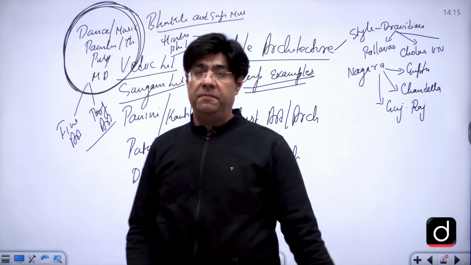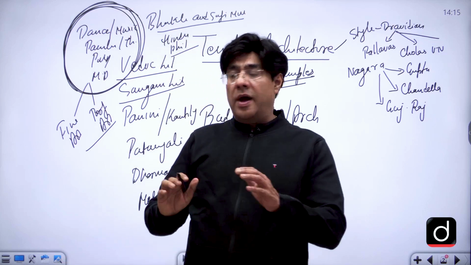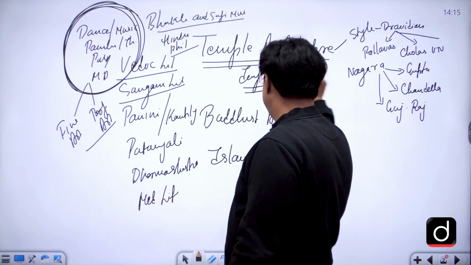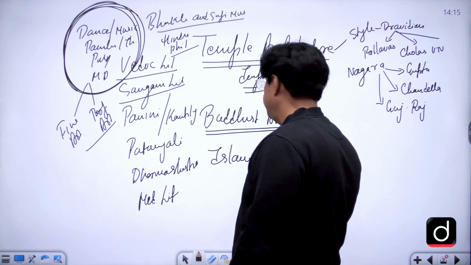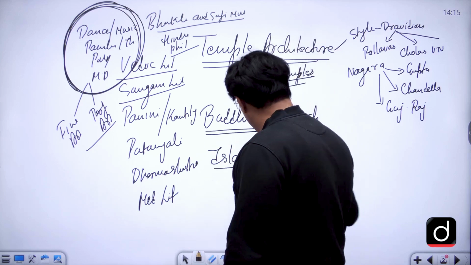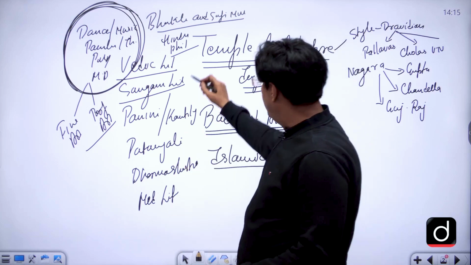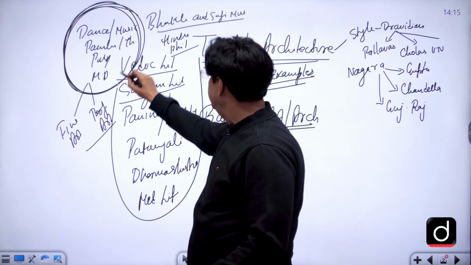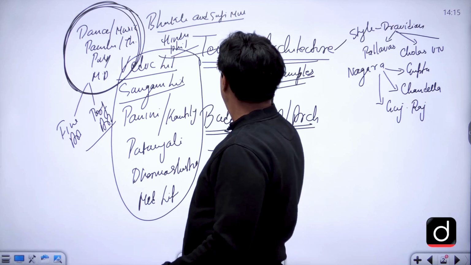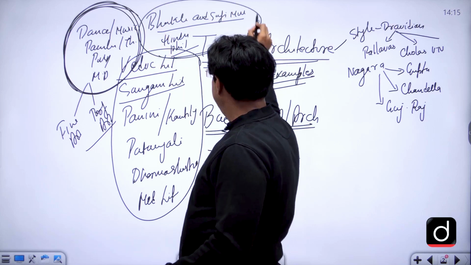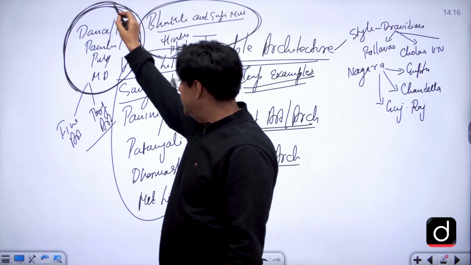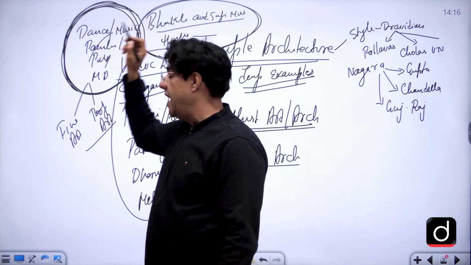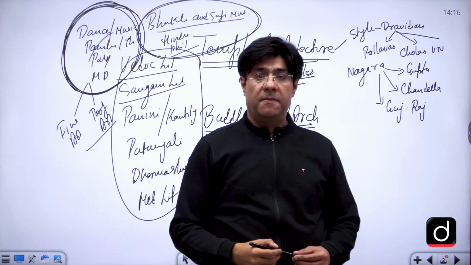So now you see, one theme is temple architecture, another theme is Buddhist art and architecture, the third theme is Islamic architecture, the fourth is all about literature, the fifth is all about cultural movements, Bhakti and Sufi and Hindu philosophy, and the sixth is all about fine art and performing arts.